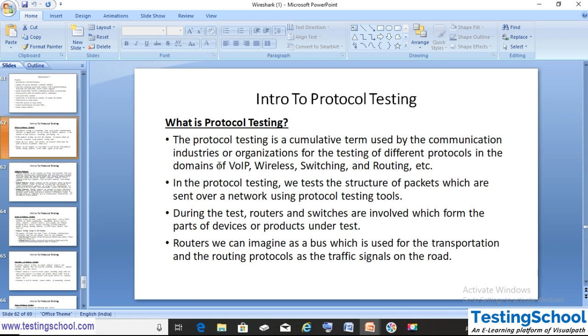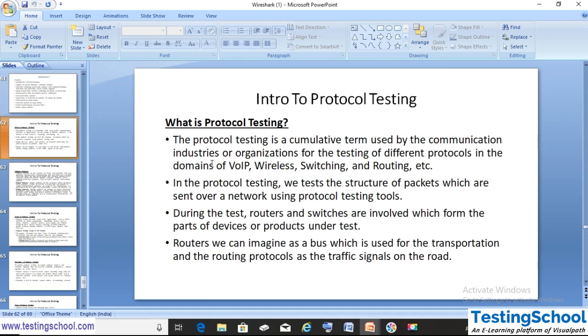There is a way of configuring it statically also, so static we can also consider as a protocol. Similarly, in switching we have discussed VLAN, STP. Those things we can also consider as protocols. So a protocol is a set of rules which is followed to get proper functionality of a device.